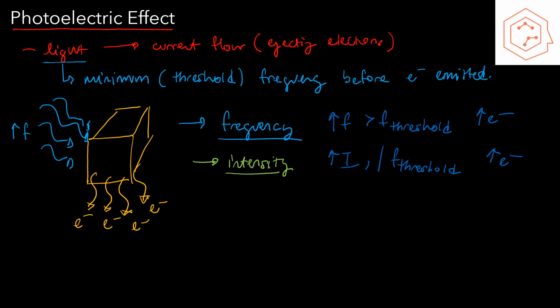To explain this phenomenon, which was never observed before, we required the invention of the photon. So Einstein invented the photon and explained that light is both a wave and a particle at the same time.